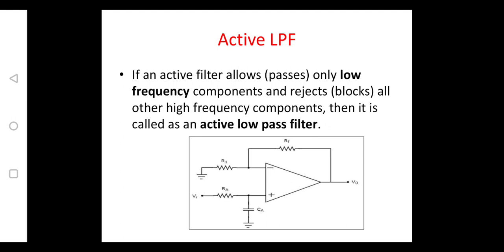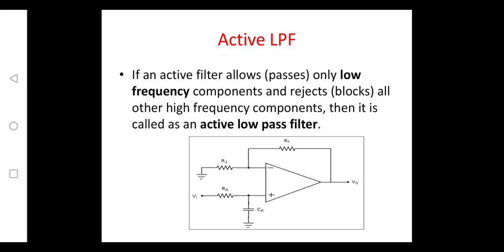The band of frequencies which are allowable is called the pass band. The band of frequencies which are rejected by a filter is called the stop band. So in ideal case, there is no transition between pass band and stop band.